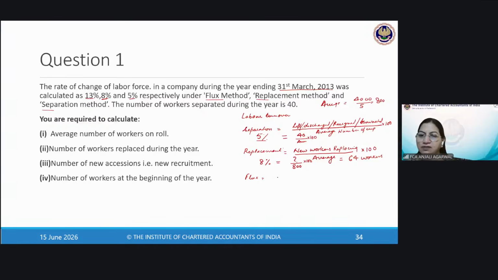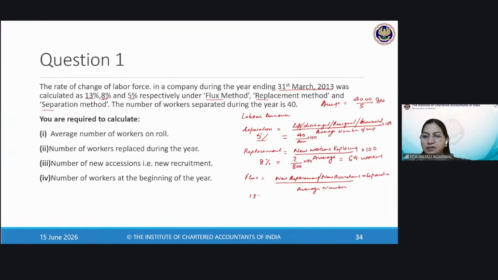Flux is new workers due to replacement, plus also any new accretions, like maybe because of expansion or new unit, etc., plus separation. So flux is a combination of replacement plus separation, but also any new accretions due to expansion.